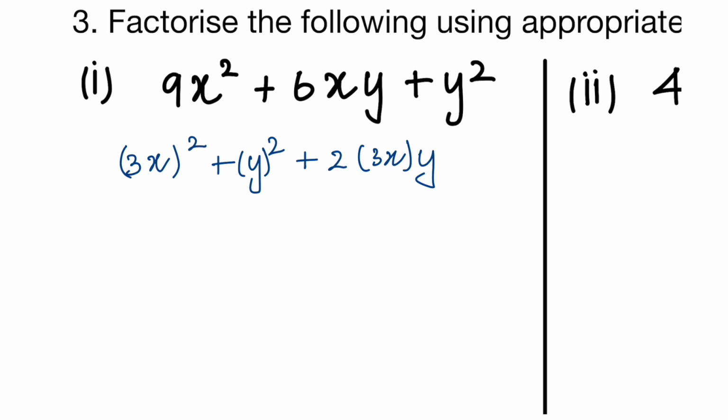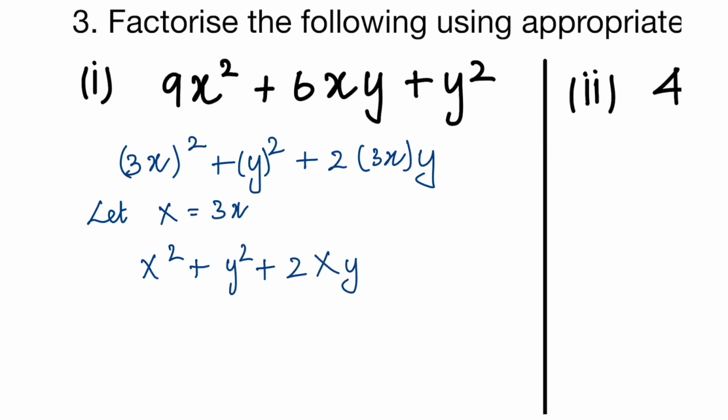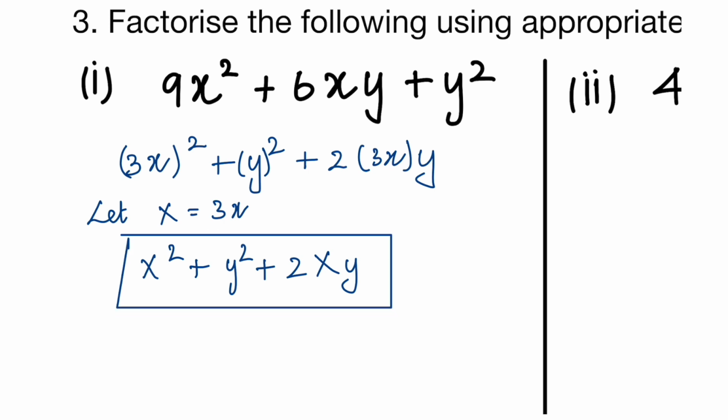Because in this case, as you can see, we have 3x the whole squared as X squared. If you assume that uppercase X is equal to 3x, this is of the form X squared plus y squared plus 2Xy, right? And this is an identity that we know. So it's X plus y the whole square.